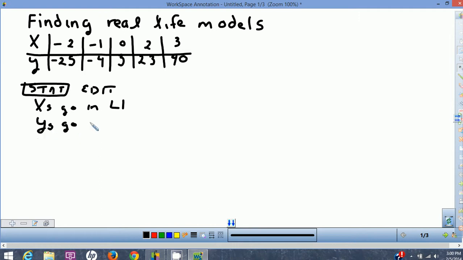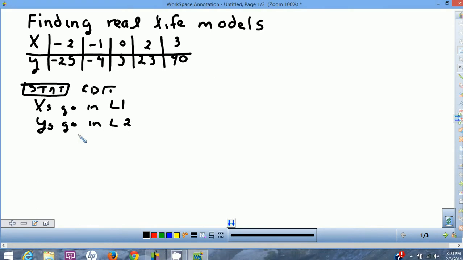What they're going to say is that at a certain time, the function has a certain value. Or when this is true, this is true. So your independent variable is always going to be your x. Your dependent variable is always going to be a y. So your x is going in L1, your y is going in L2.